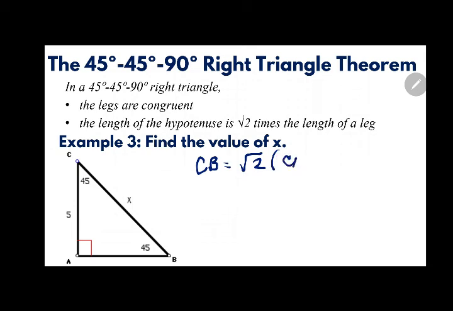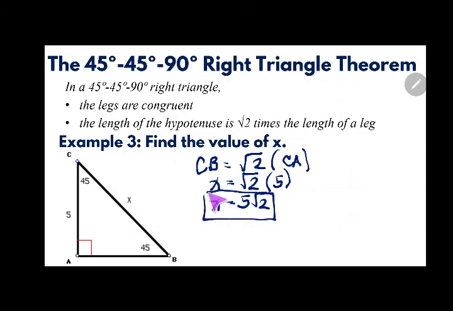So, yun yung CA. Substitute, ang CB ay X at equal daw ito sa square root of 2 times the length of a leg. So, ang measure ng leg ay 5 units. Simplify, X is equal to square root of 2 times 5. So, equal yon sa 5 square root of 2. So, ang X ay 5 square root of 2.